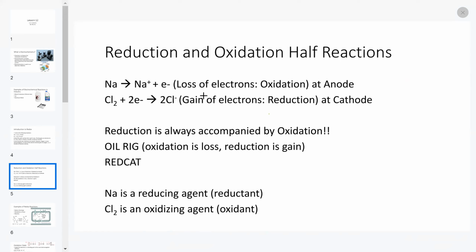That's how I used to remember it. So here the sodium is getting oxidized, so it's the reducing agent or the reductant, and the chlorine gas is the oxidizing agent or the oxidant. So the oxidizing agent gets reduced and the reducing agent gets oxidized. I'll give you a minute to write that down.